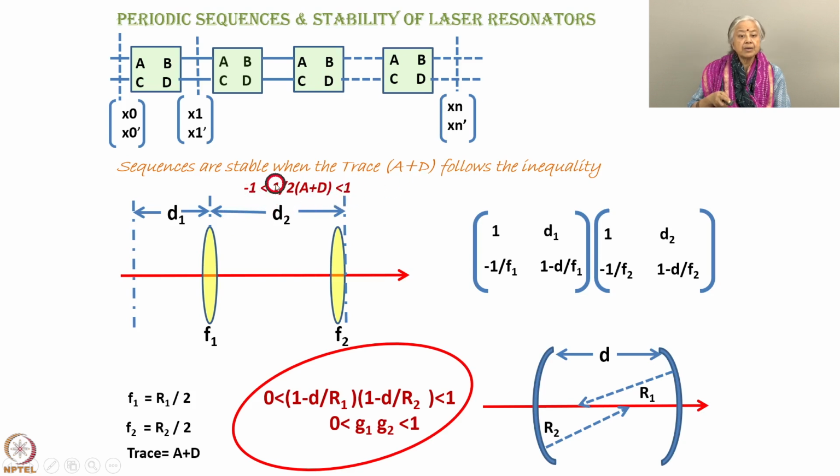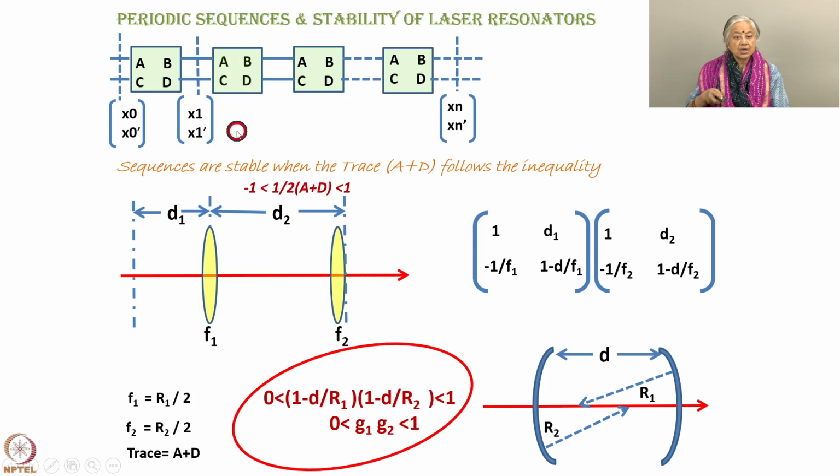Believe me, this can be derived, but just believe me for the moment that this is the inequality it has to follow in order to be a stable sequence. A plus D refers to this A and this D in the matrix.